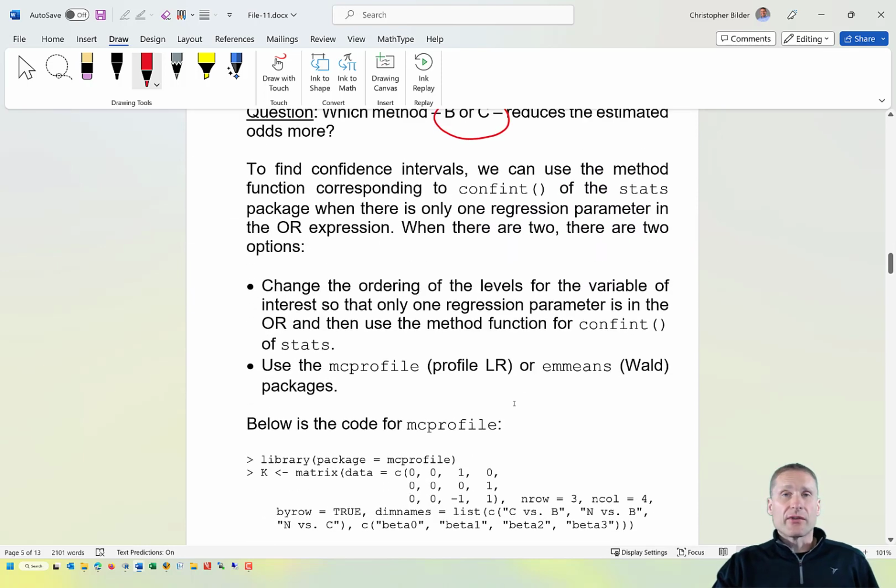Now, to do these inferences, we can do confidence intervals. The confint function, remember that's a generic function. There's a method function in the stats package that does profile likelihood ratio intervals. We've used it before to find profile likelihood ratio intervals for a regression parameter, a beta.